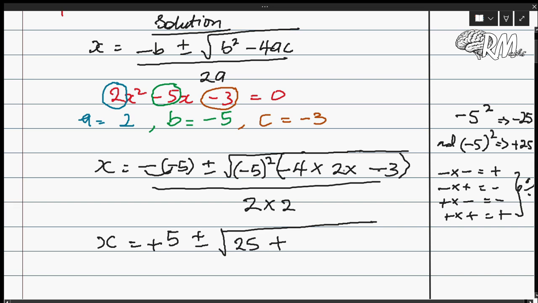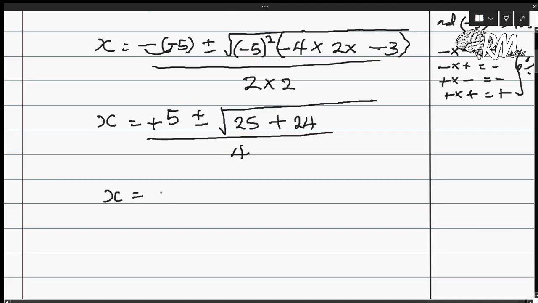So 4 times 2 is 8, and 8 times 3 is what? 24. Then all over 2 times 2, which is 4.